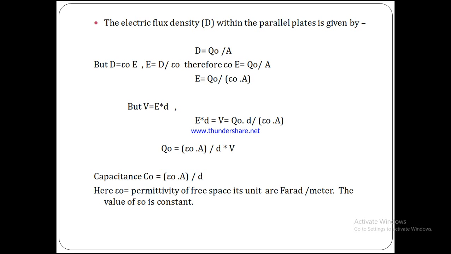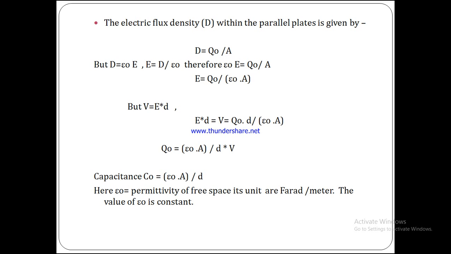Now Q0 is nothing but the charge stored on that capacitor. Epsilon 0 is the permittivity of that dielectric material, which is the vacuum. A is the area of the conducting plates.